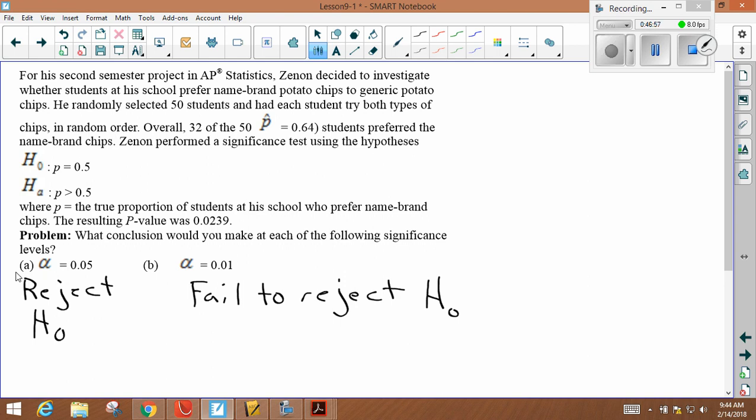If we reject the null hypothesis, we would say that there is convincing evidence that the actual proportion is greater than 0.5, meaning that students prefer name brand potato chips.